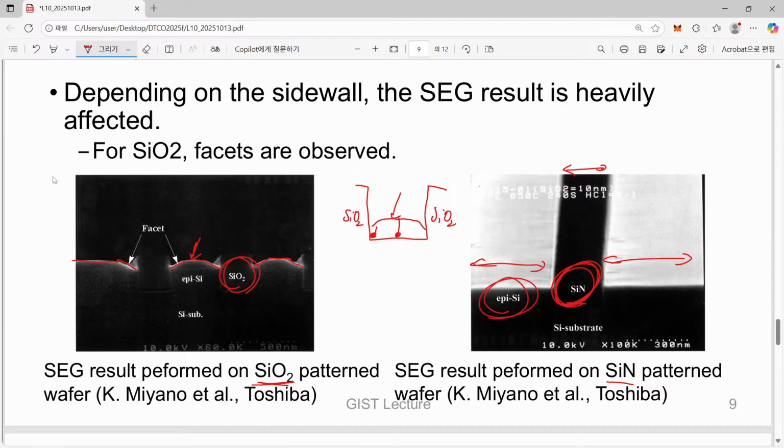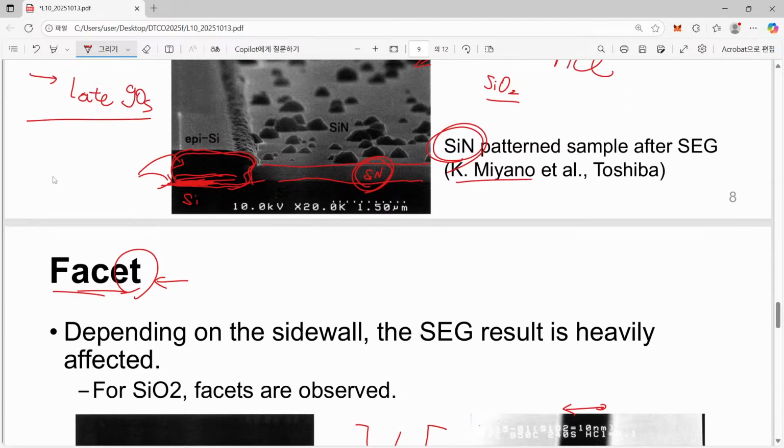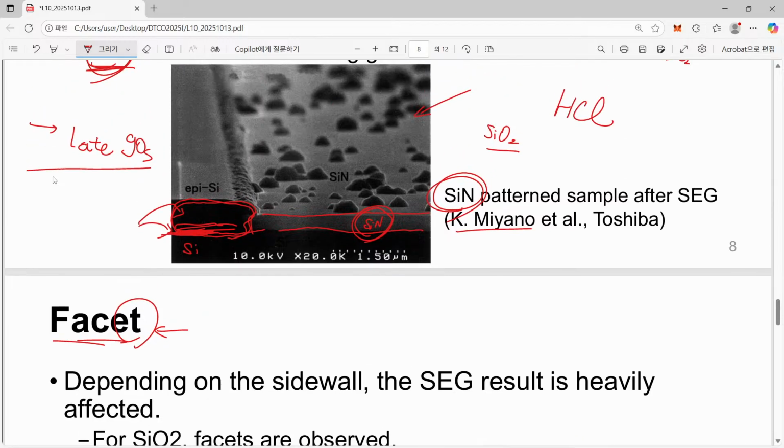That's the reason why we have this kind of unwanted facet. Then you can ask me this question once again: why do we have different behavior between silicon dioxide and silicon nitride? Please come back to our previous one. This nucleation happens only on silicon nitride. It means that the growth rate was quite fast for silicon, much lower for silicon nitride, and almost zero for silicon dioxide.